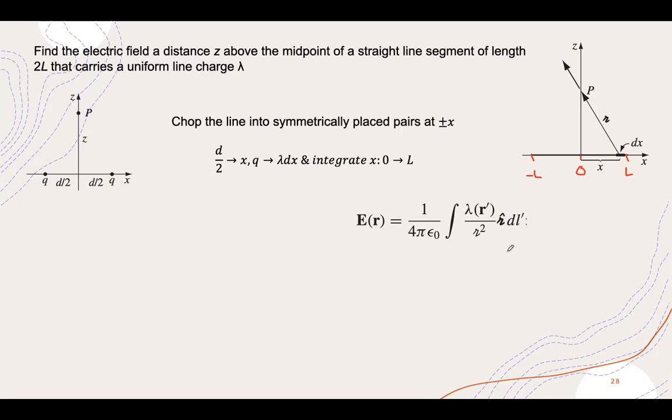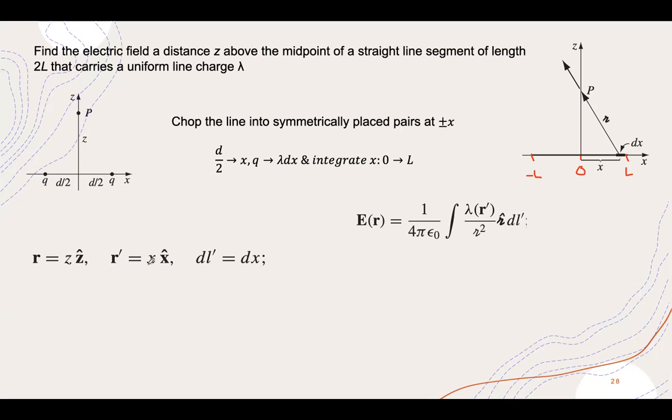So let's first of all do the formalism. Okay, so what are the things which we can assume here? So let's suppose this is an r vector because we need to find the field at some point here. So this is defined as r vector as z times z cap, where z is the magnitude from this point O to point P, and z cap is the direction, which is very easy to understand.